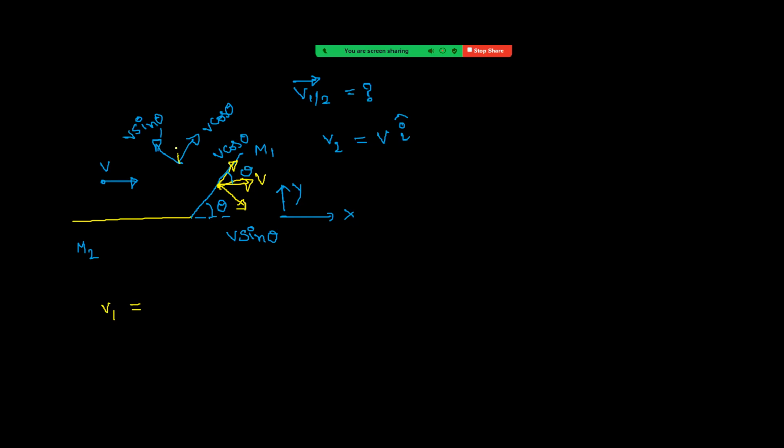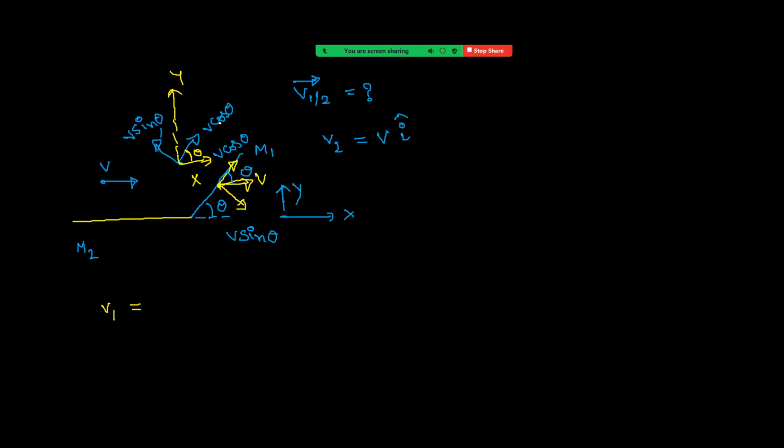So this is now the y-axis. This is y and this is x. Then see, v1 equal to, this is making an angle with the x-axis. How much is this angle? It is theta, right? Angle theta, because this is parallel to the mirror.